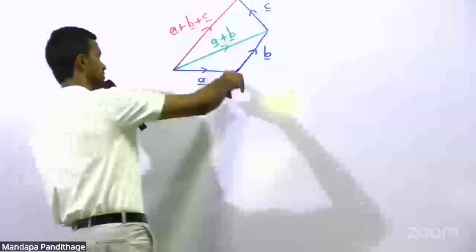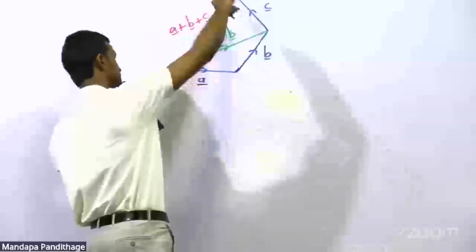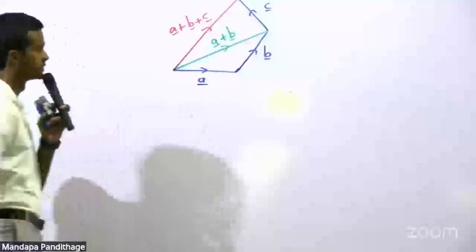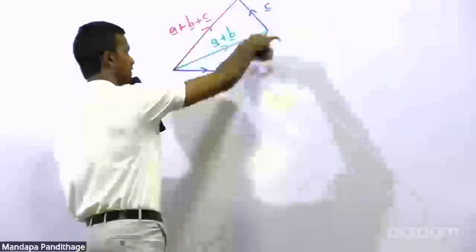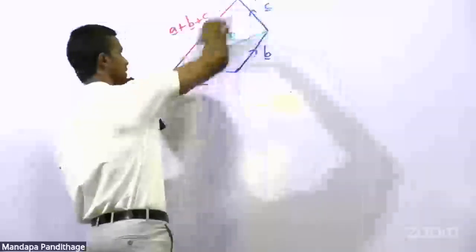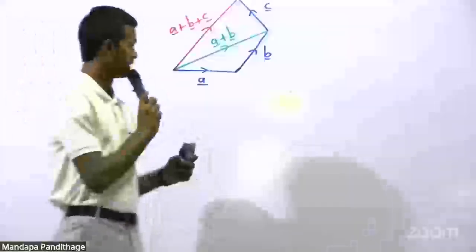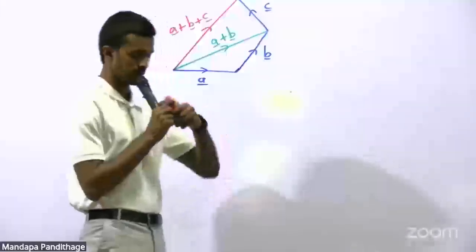Okay, then take this. We have A, B, and C. So when you show that this is A plus B, it gives you an idea. Triangle law one, and then again the triangle law has been applied. Okay.